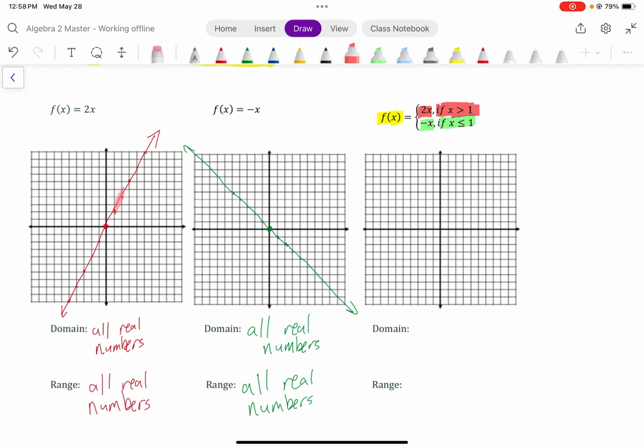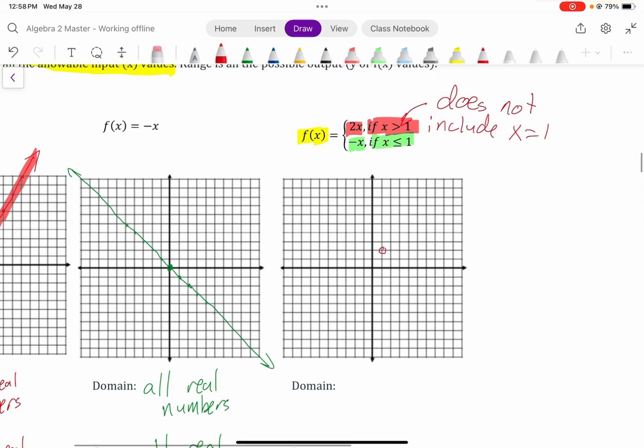Basically, I'm taking this first part from this first function. When I plug in 1, I'm going to have an open circle there. This is the same dot that I had right here, but this does not include x equals 1.